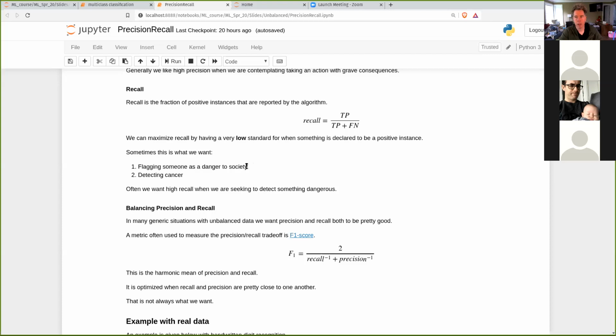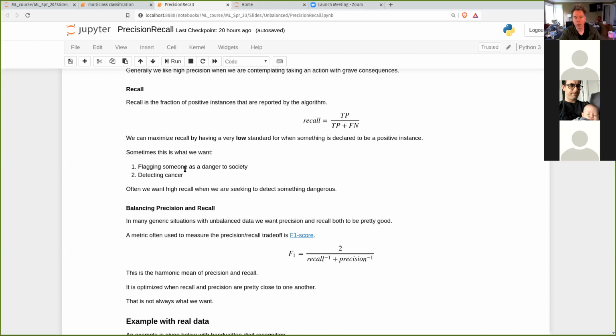When this happens, maybe 9 out of 10 times the person is not doing anything wrong. You just want to be sure that you do detect it when shoplifting does occur so that you don't lose any money. Usually the false alarms can be followed up manually. You just want to cast a really wide net.